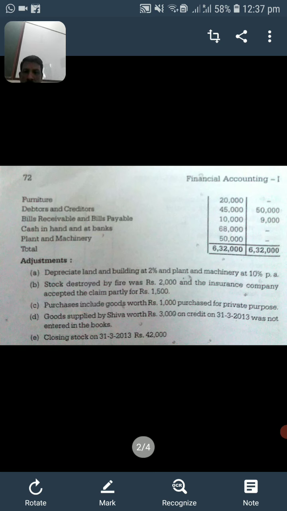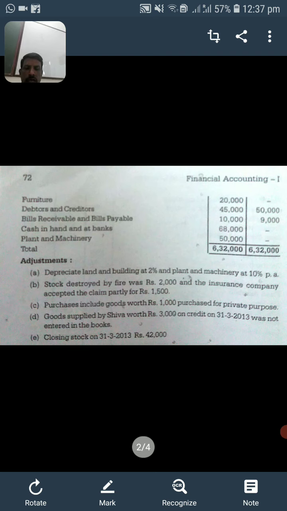So adjustments they are given. Number A, depreciate land and building at 2% and plant and machinery at 10% per annum. Number B, stock destroyed by fire was rupees 2,000 and the insurance company accepted the claim partly for rupees 1,500, which means the total goods were destroyed for rupees 2,000, but they have received the claim from the insurance company for rupees 1,500.